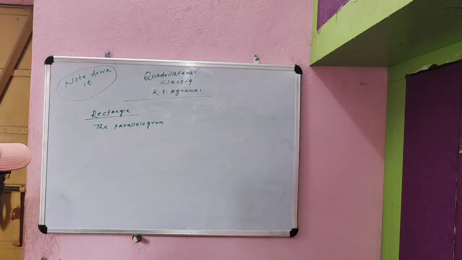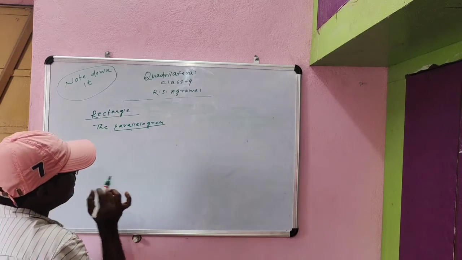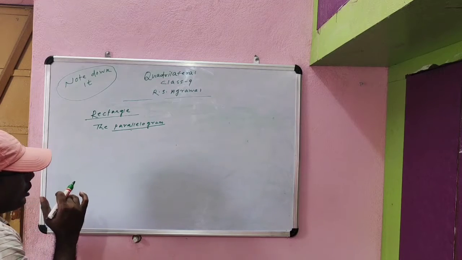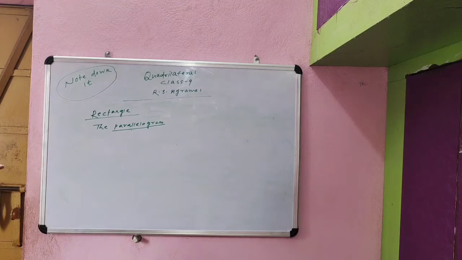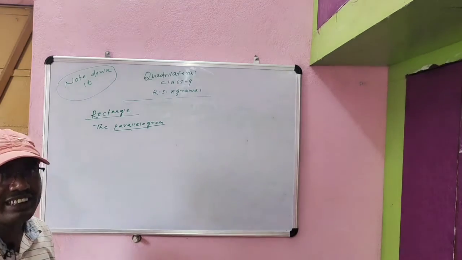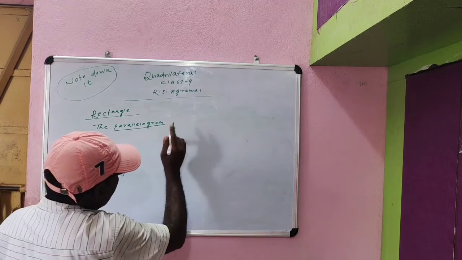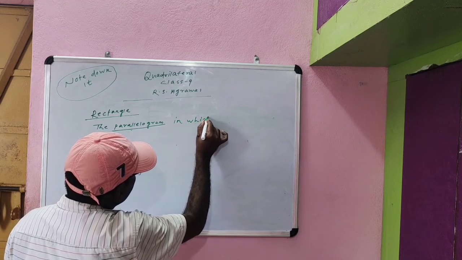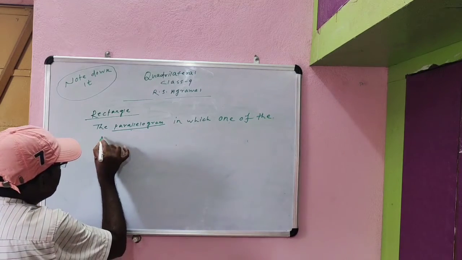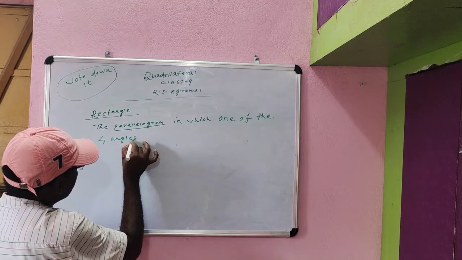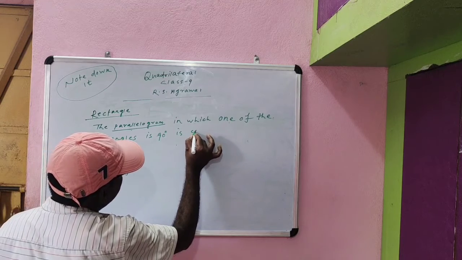It means rectangle is also a parallelogram, but in this parallelogram, one of the four angles is 90 degrees. So the parallelogram in which one of the four angles is 90 degrees is called a rectangle.